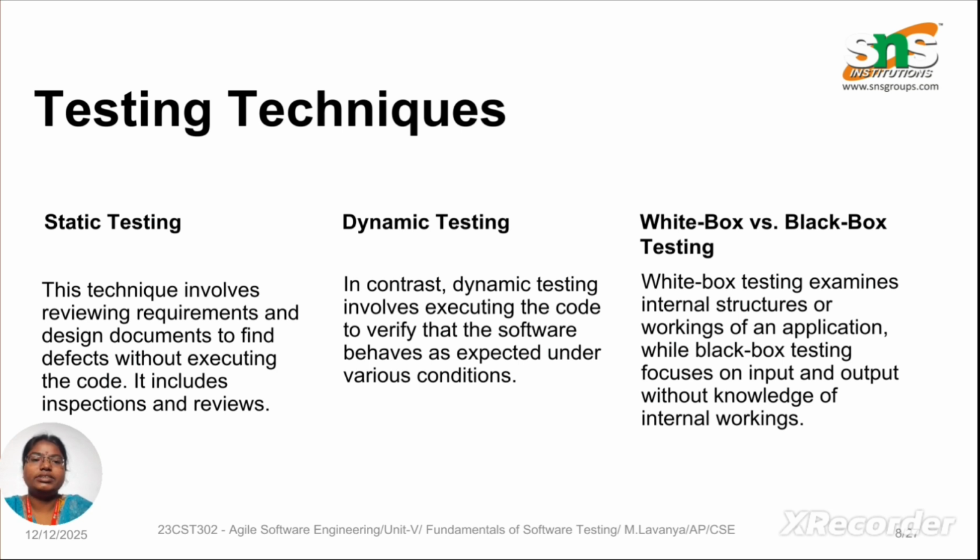The next one is dynamic testing. Dynamic testing is the contrast of static testing. In dynamic testing, the code will be executed and it will be verified that the software behaves as expected under various conditions and criteria.